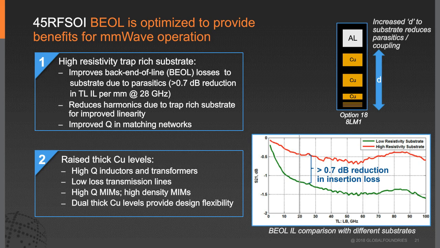As you see on the slide, there are dual thick copper levels, which provide designers with flexibility as well. Those are some of the benefits of the back end of line, which enables you to get the low noise figure for the low noise amplifier.